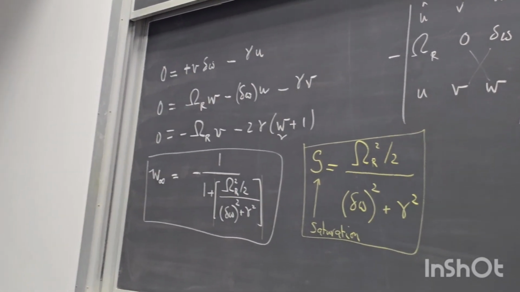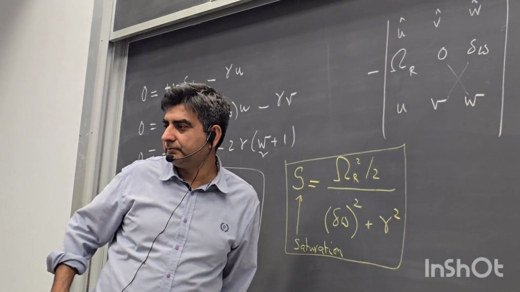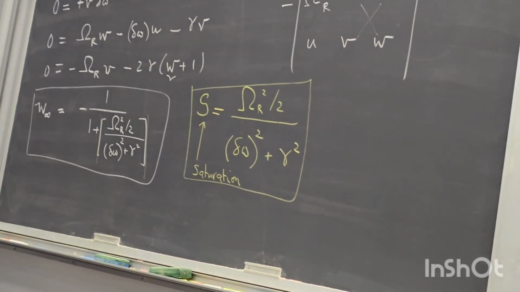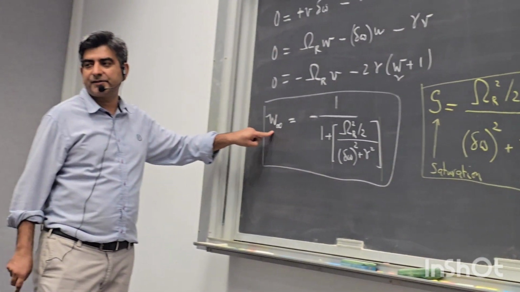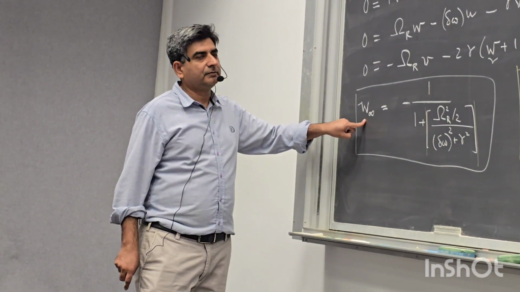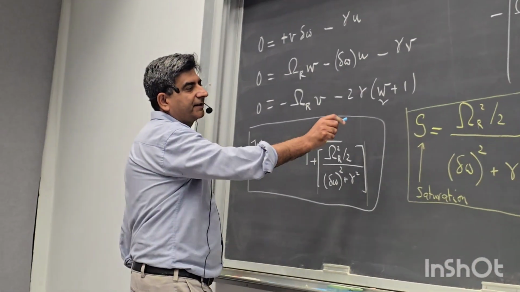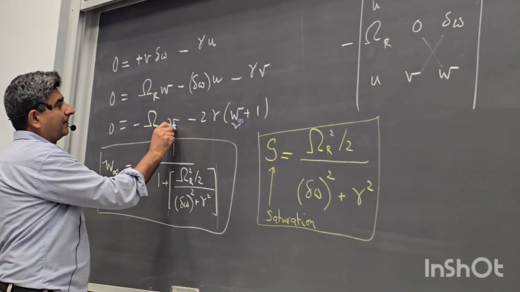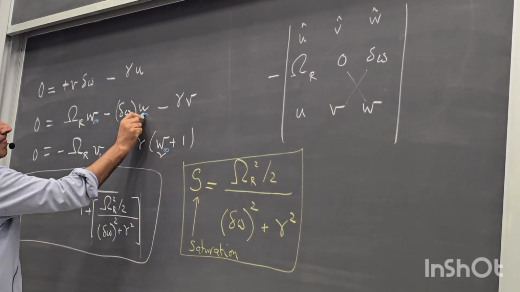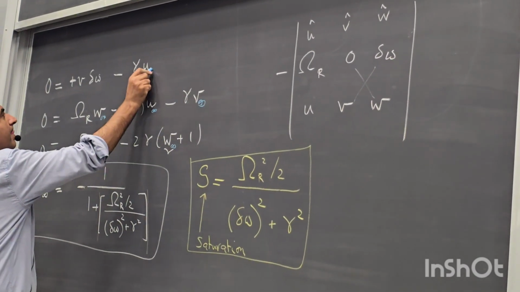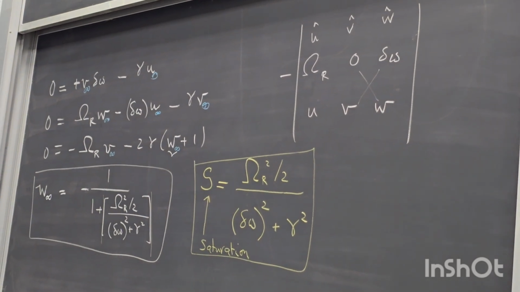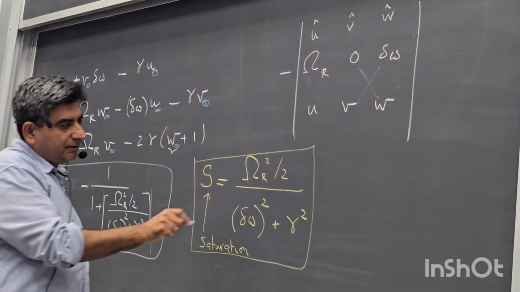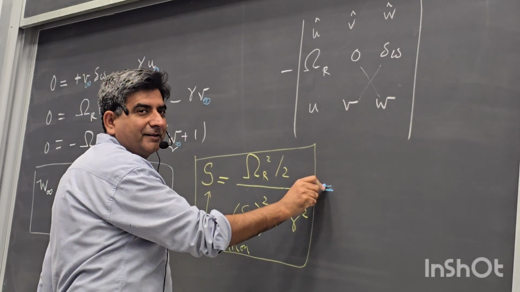Well, again, in steady state, this is the steady state value. Okay, so all of these are steady states now. Alright, so now let me tailor this a little bit.